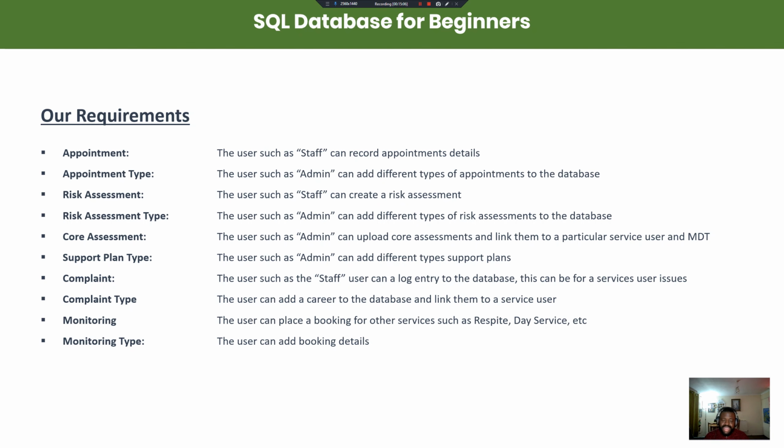What the core assessment will detail is the history of the service user. So for example, the service user is coming to your service, has been referred to your service. Maybe they are at the age of 25, but the service user has been at home since birth to 24 years old.